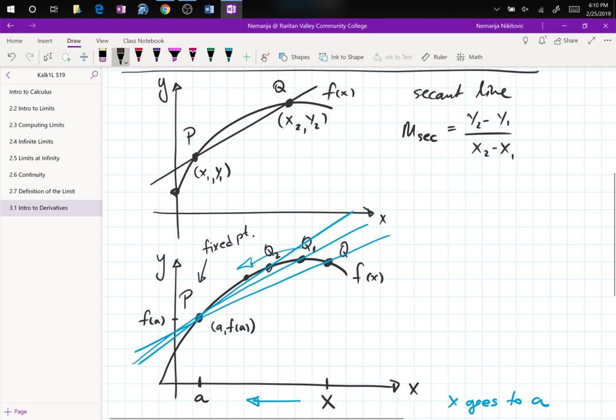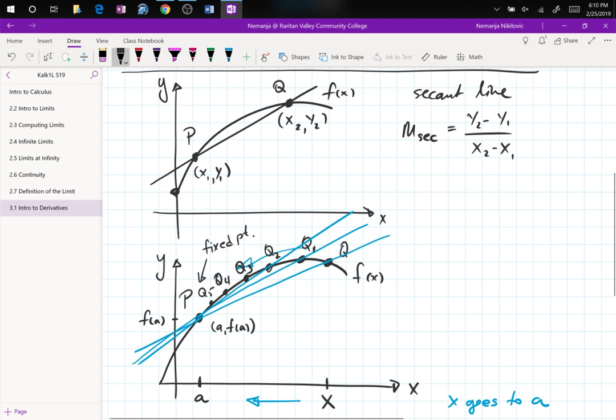So I hope that you would agree that as Q progresses towards P, changing its location, anytime Q is at one of the points, you can always use the slope formula to compute the slope of the secant line that connects P and Q. So what are these 1, 2, 3, 4, 5?